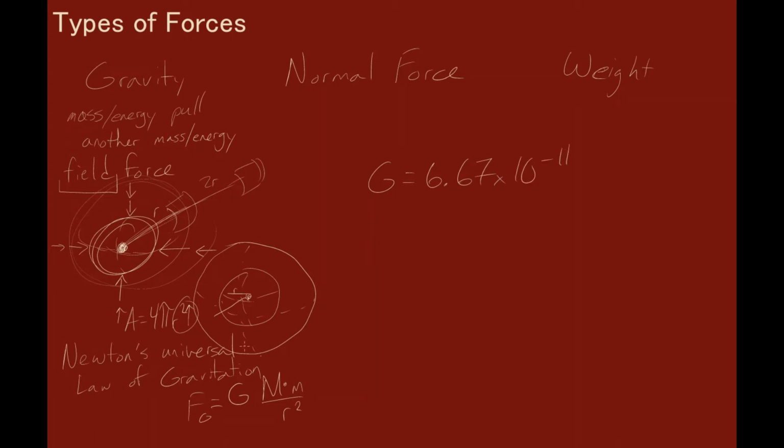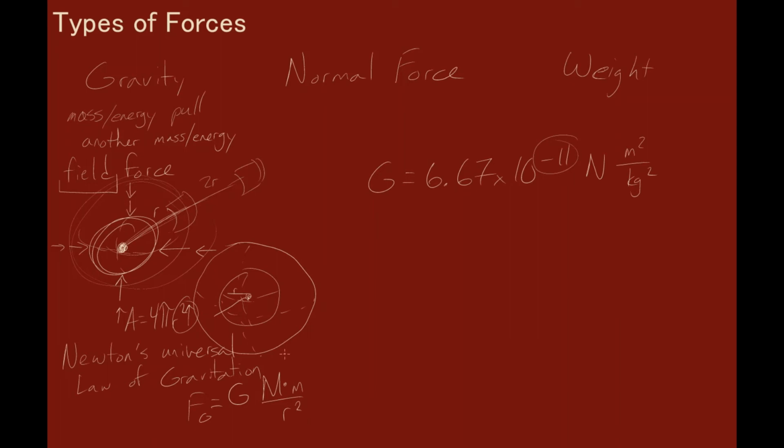And just to check our units here, we want to end up with newtons. We need to balance out the r squared, the distance, so that would be meters squared on top. We need to balance out the masses, so that would be kilograms squared on bottom in the denominator. And so hopefully right away you can see that gravity has a noticeably weak effect, and that's evident here in the constant.